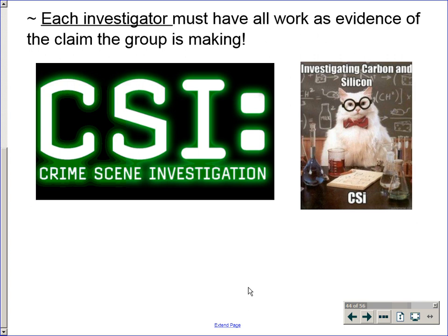Everybody to the crime scene. You need to be back here in groups of 3. You have to be on this side of the CSI tape.